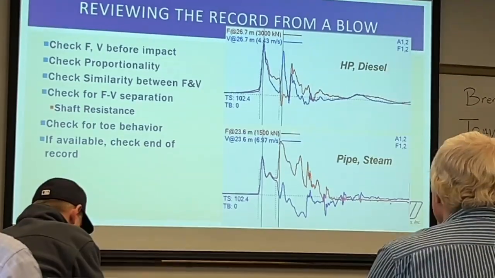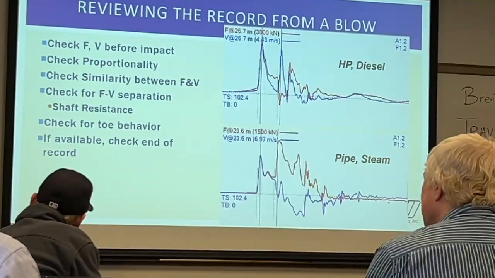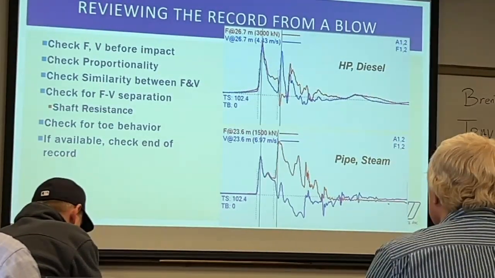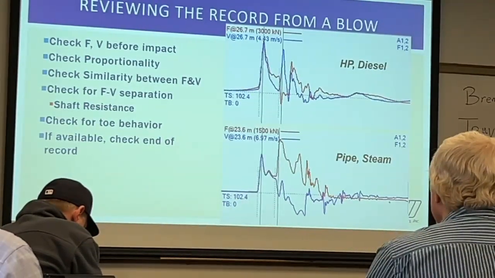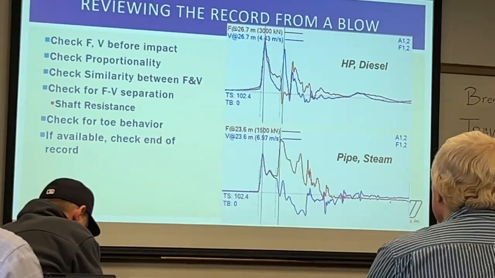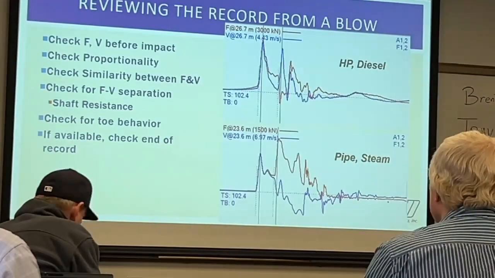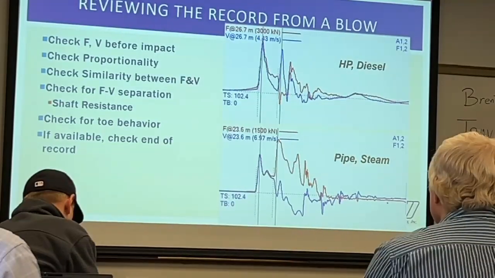The combustion chamber is fixed. As the ram gets closer and closer to the impact, the volume is getting smaller and therefore the pressure is going up. So that pressure is pushing against the ram, but it is also pushing down into the pile.